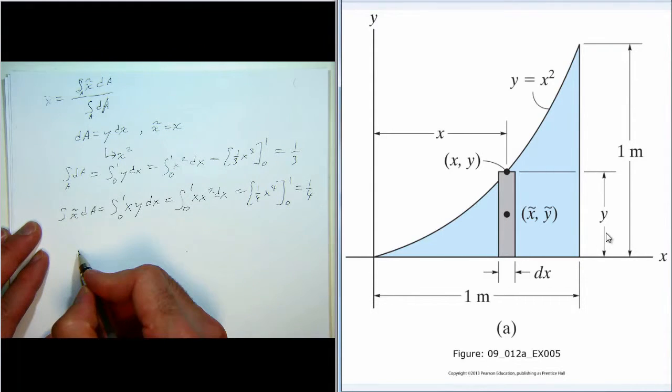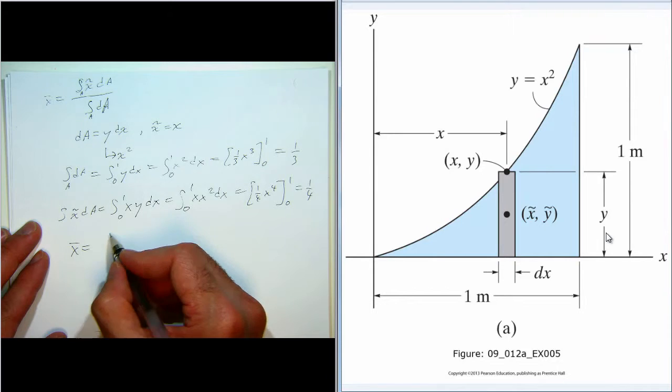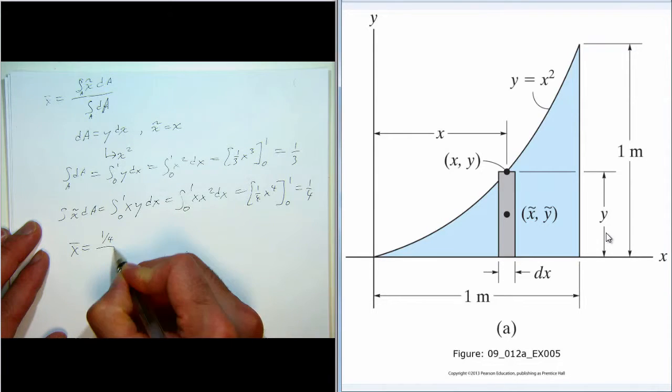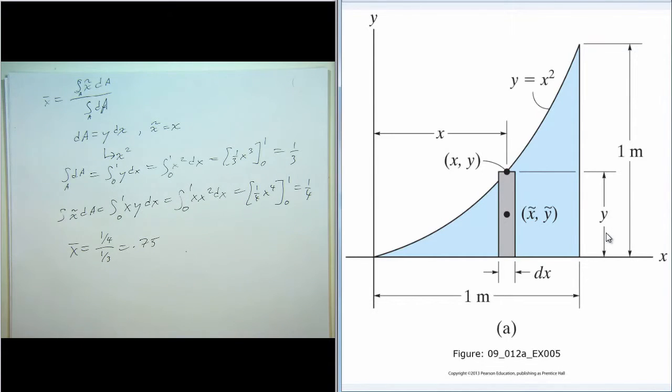And using this equation at the top, then we get x bar is 1/4 divided by 1/3. So it's 0.75. So you can see that it's 3/4 of the way over here, which makes sense because the x tilde is going to get multiplied by a higher value over here. It's going to be weighted towards this side.